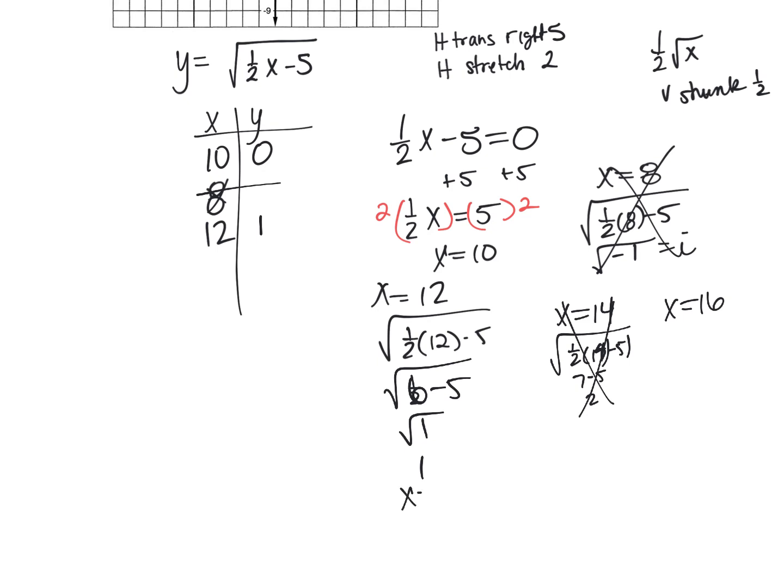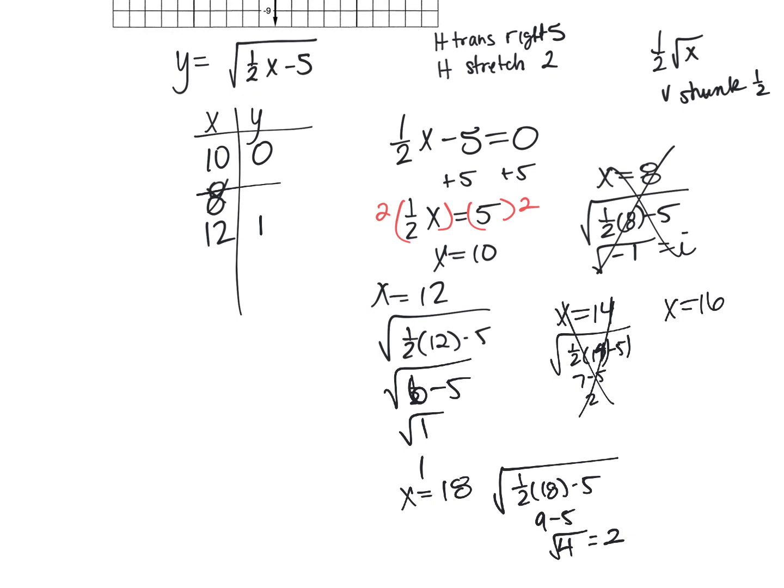Do you think 18 is going to give us a perfect square? Let's try it. 1/2 times 18 minus 5. 9 minus 5 is 4. There we go. Square root of 4 is 2. So you kind of just go through the numbers and think, oh, that's not going to be a perfect square underneath. Skip. Oh, this one's a perfect square. I think I'll use this point.